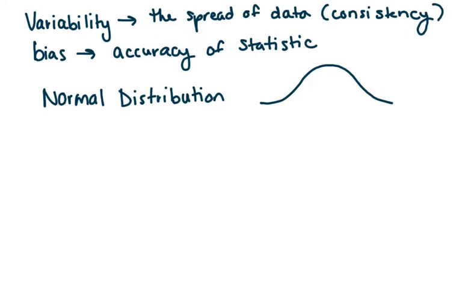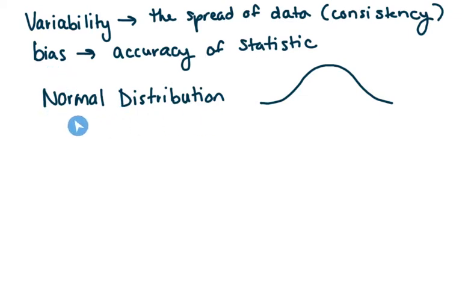So are your data really tight and close together, or are they very spread out? Bias and unbiased, those look at the accuracy of your statistics. So like how accurate is your data to the actual value.